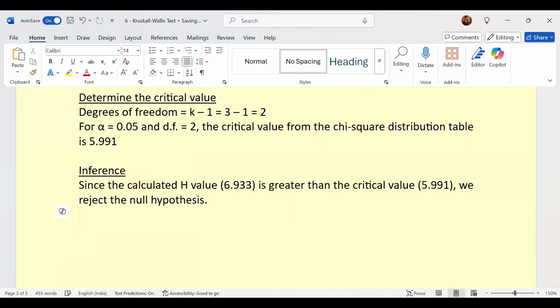Means we will accept the alternative hypothesis. Means there is a significant difference between the sales of different stores. That will be our conclusion.